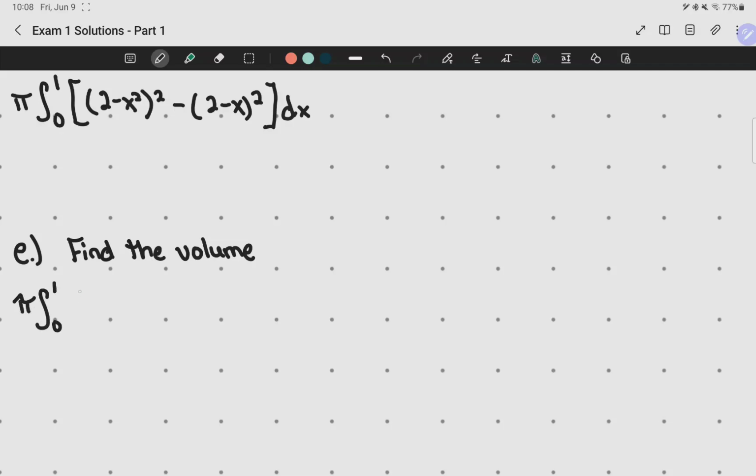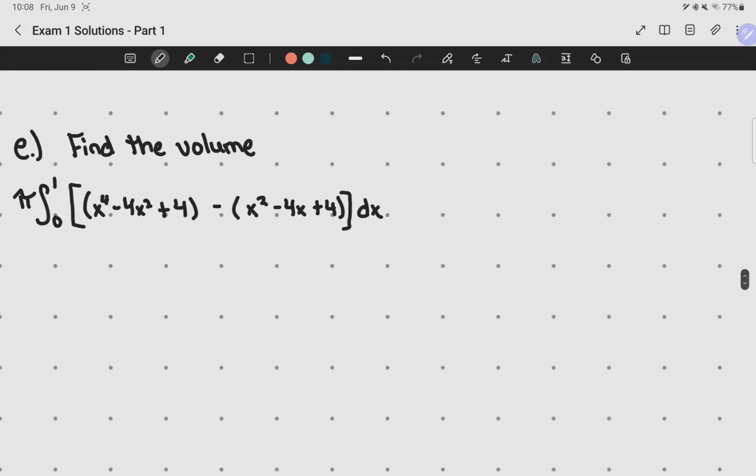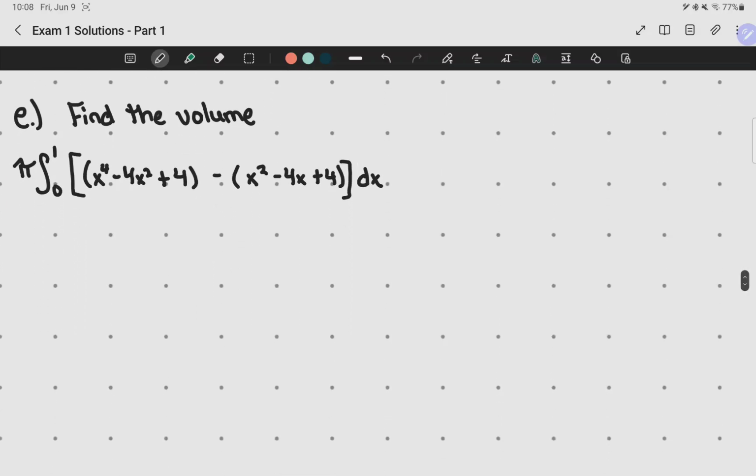Pi, the integral from 0 to 1, I'm going to write this in standard form: x to the 4th minus 4x squared plus 4, minus x squared minus 4x plus 4, dx.